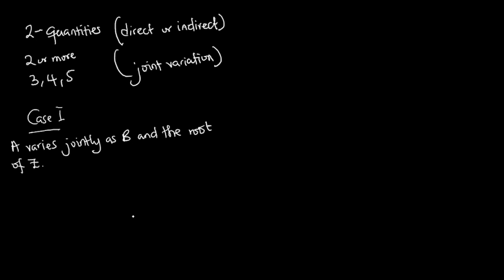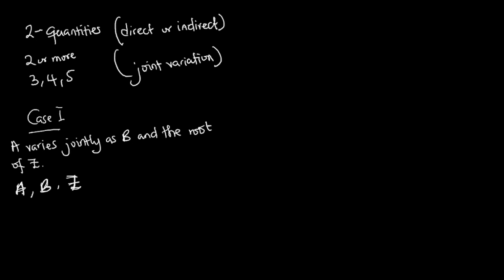Now this expression can be written in a mathematical form. Mathematically we can see that we have three quantities: quantity A, quantity B, and quantity Z. The relationship exists between these three quantities.